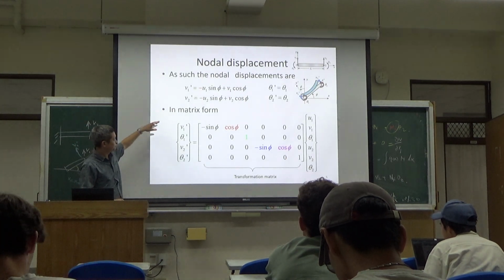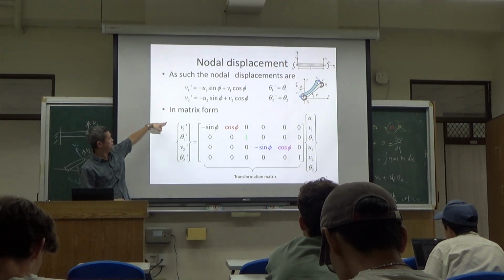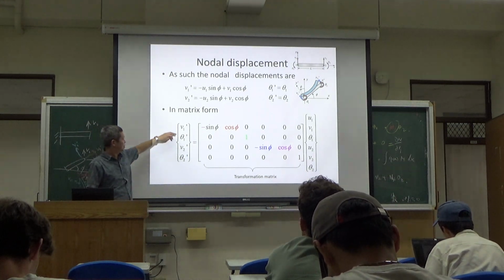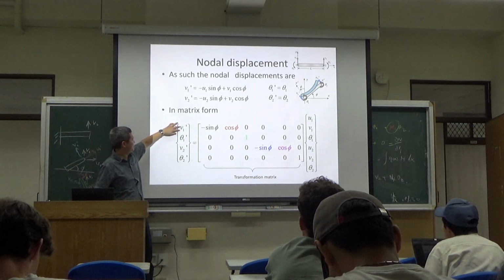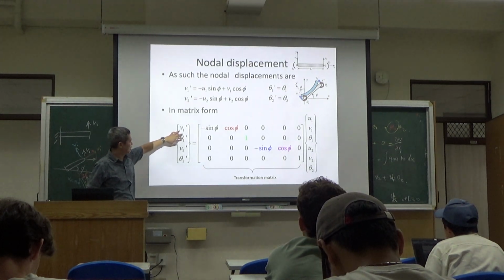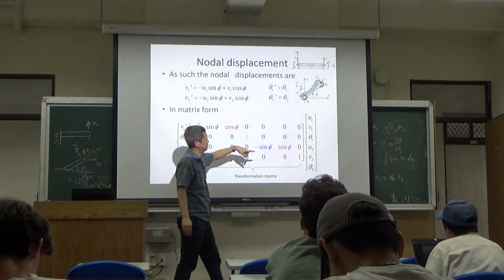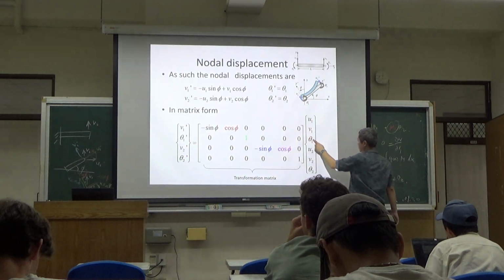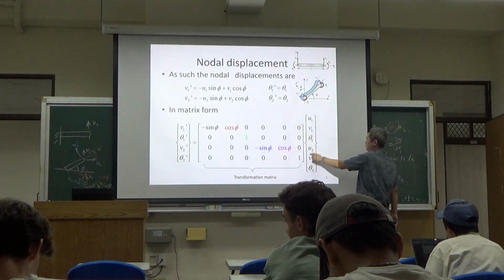So as a result, by using the formula above, I can rewrite my expression. Okay, my transverse displacement and angle of rotation can now be re-expressed as horizontal displacement, vertical displacement in the global coordinate, and the angle of rotation.